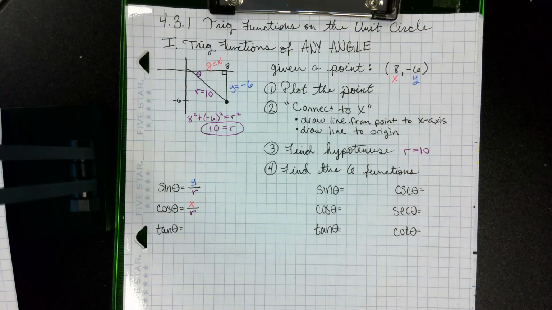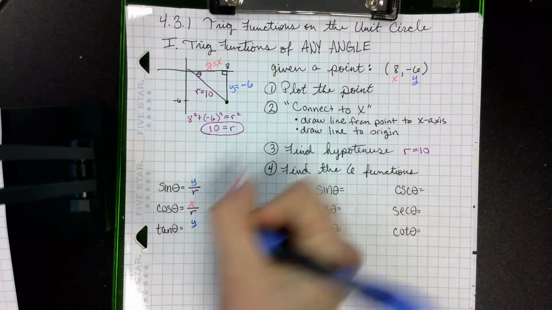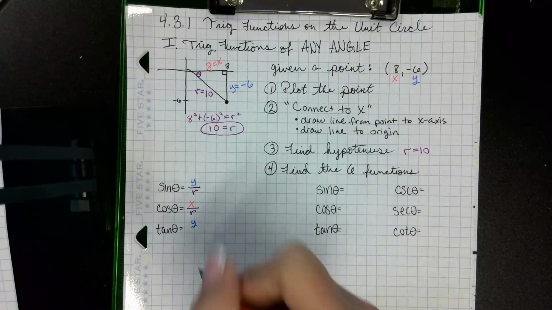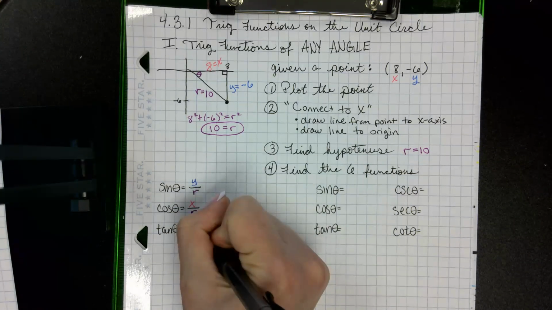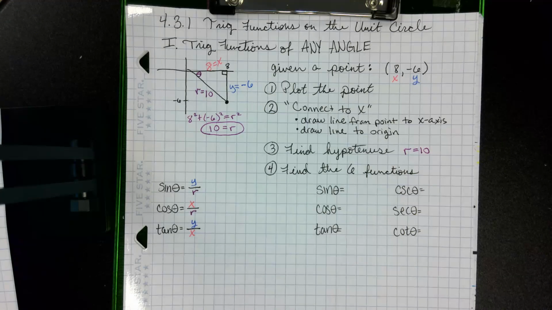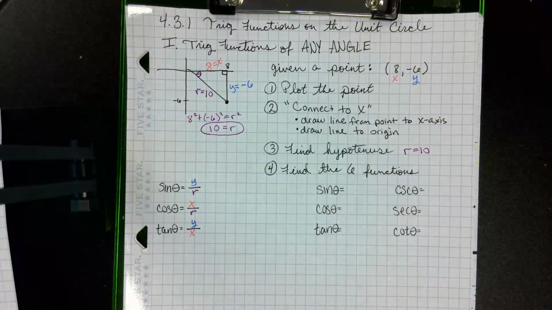And then tangent is opposite over adjacent. So since we said opposite is y, and we called adjacent x, then it's y over x. So tangent is y over x, sine over cosine.